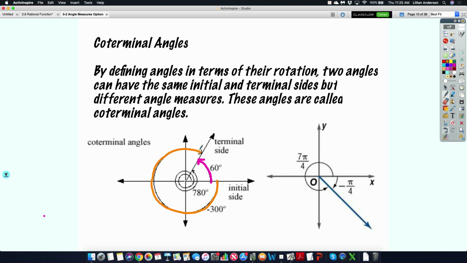That's if I go in the clockwise direction. Now remember how I said you can go around and around and around to create angles? Well, if I go around one whole time and two whole times, and I end up right back at that same terminal side, I have 780 degrees. That too is a coterminal angle.